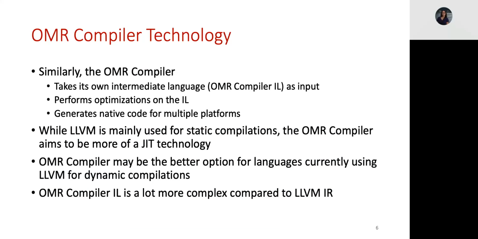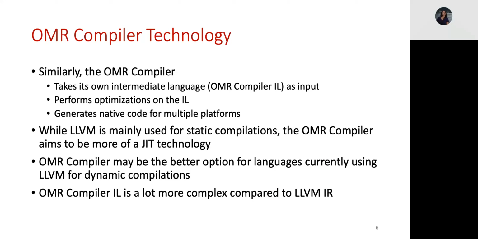So while LLVM is mainly used for static compilations, the OMR compiler is more suited towards dynamic compilation situations. And because of that, it could be the better option for languages that are currently using LLVM as their JIT compiler and for their dynamic compilations.